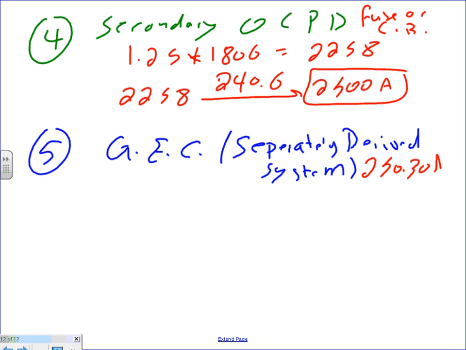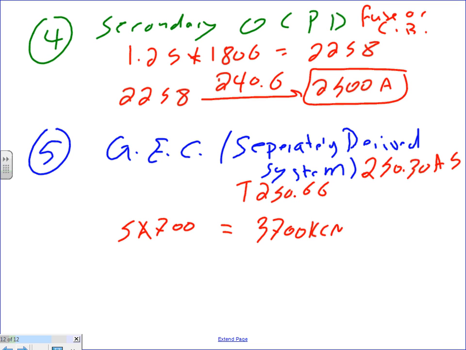If you go to 250 and also table 250.66, since we're in parallel, how many runs do we have? We have 5 runs. You take the 5, multiply it by 700, equals 3700 kcmil.